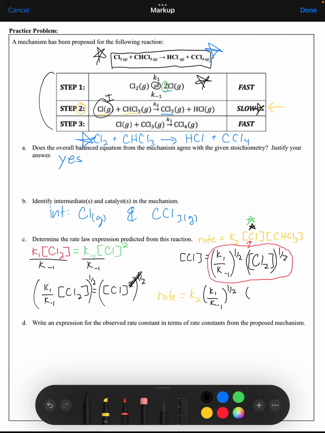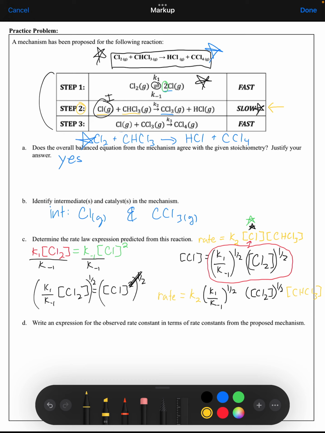I have my concentration of Cl2 raised to the 1/2, and then my concentration of CHCl3. All right, and again, that looks like a very, very complex rate law expression.